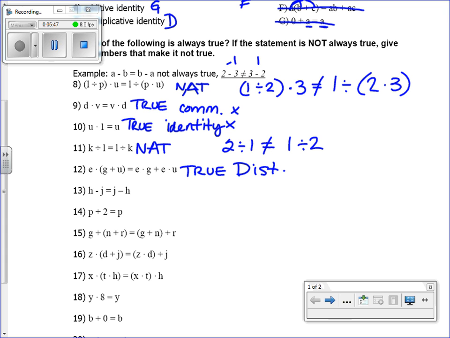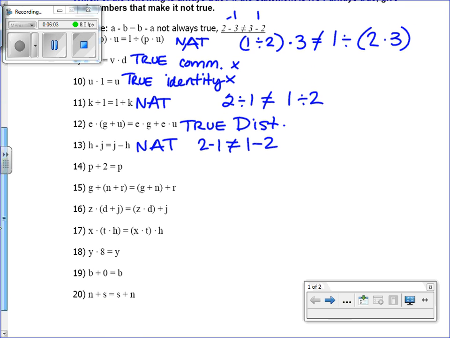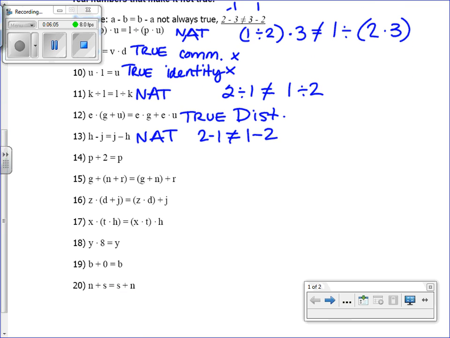H minus J equals J minus H. Not always true. So 2 minus 1 would not equal 1 minus 2. Let's see. P plus 2 equals P. Not always true. Because 1 plus 2 would not equal 1.